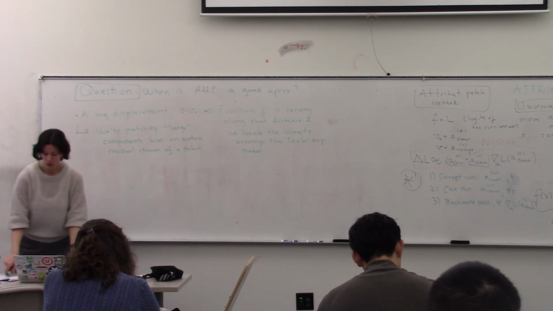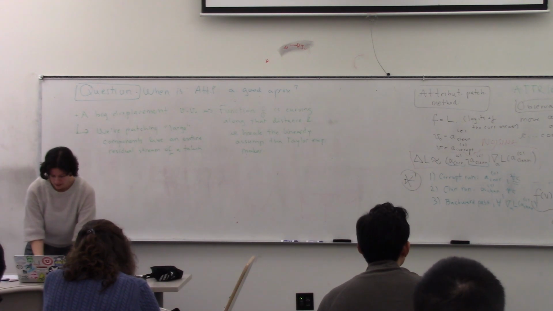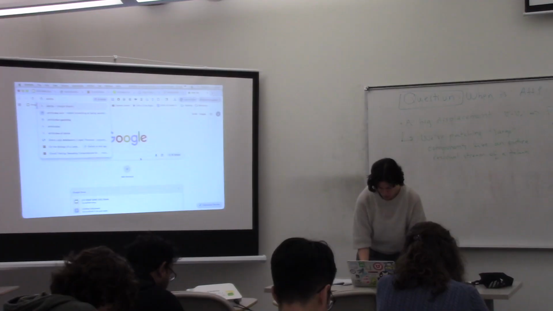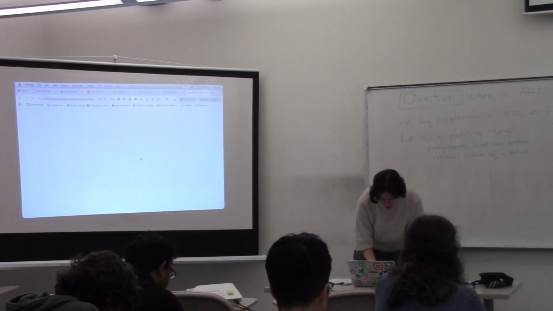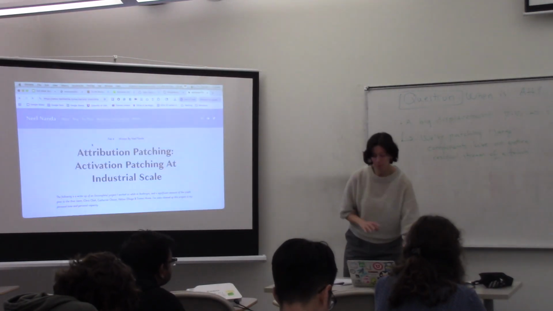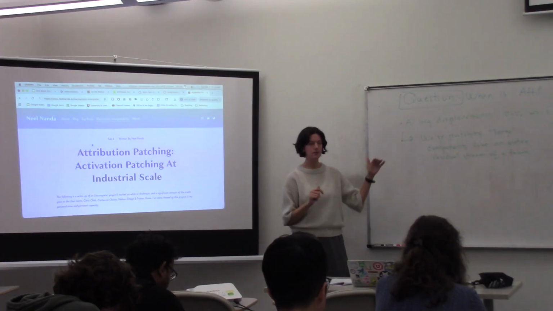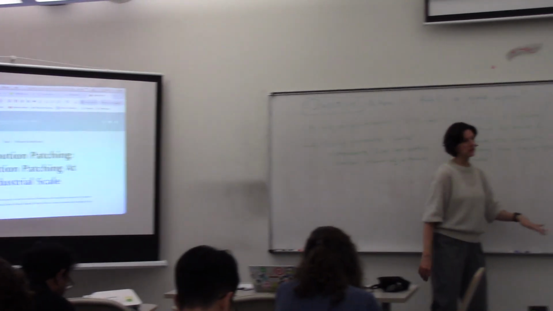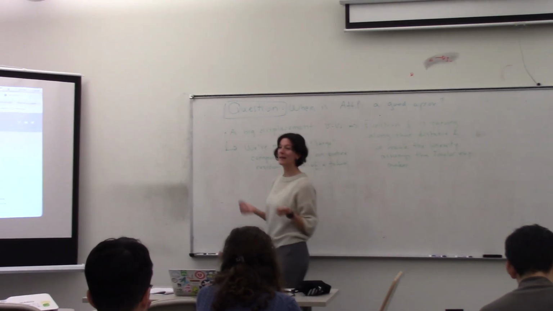And then I do not want to go over all of these, because let me just open the attribution patching. So there are many other cases where attribution patching can be a bad approximation. It has something to do with, again, layer norm, right?